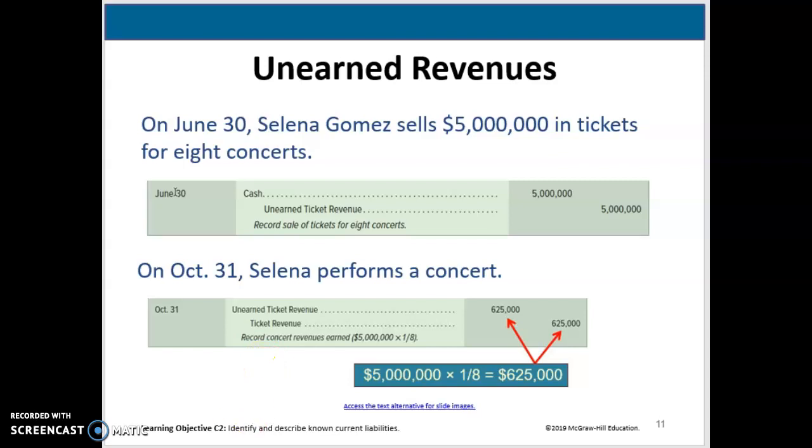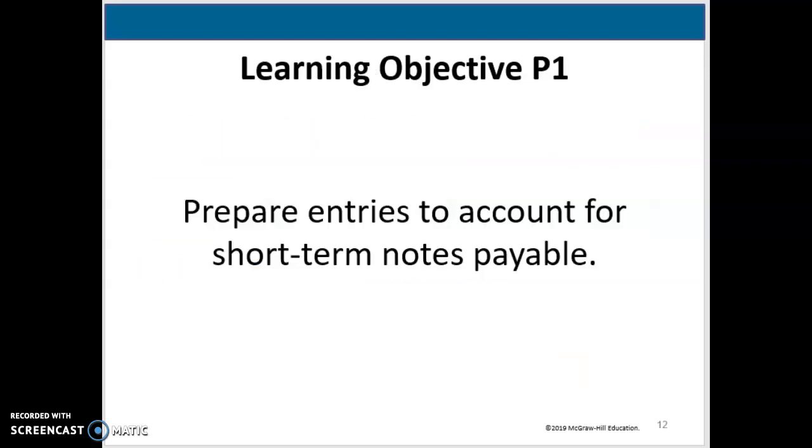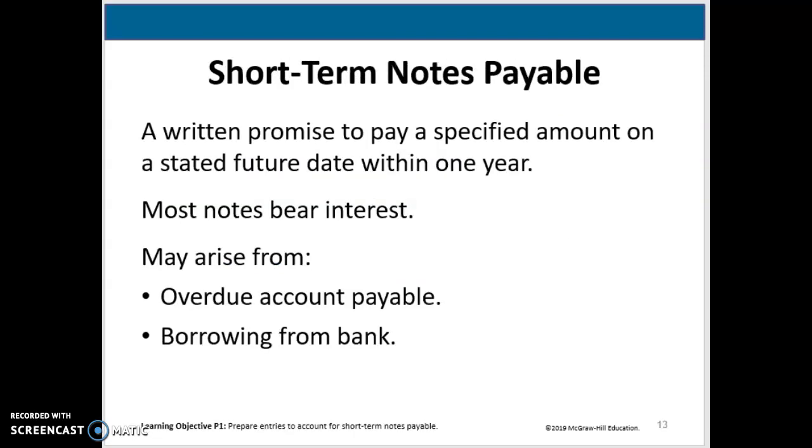All right, now we're going to shift into short-term notes payable. Remember, we talked about notes payable before. Now we're going to break it down into short and long-term. A short-term note payable is a written promise. Remember, a note payable typically has a promissory note, and it's often going to include interest and a specific day that it's going to be due.